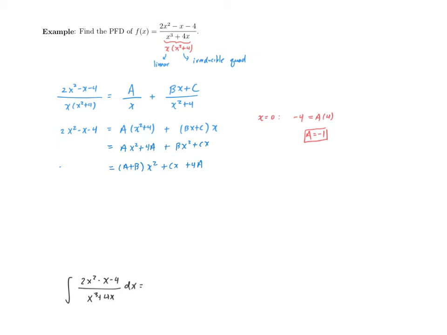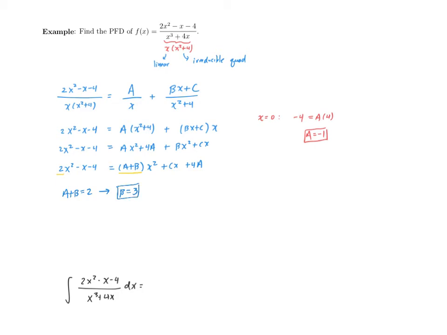And note, this is all equal to 2x squared minus x minus 4. The only way two quadratics can be equal to each other is if each and every coefficient is equal. So from the x squared terms, a plus b is equal to 2. But we know that a is equal to minus 1. And if a is equal to minus 1, what is b? It's 3.